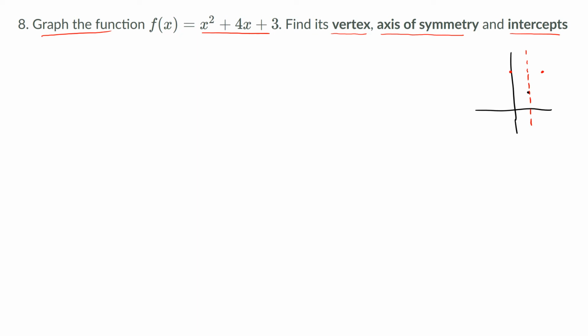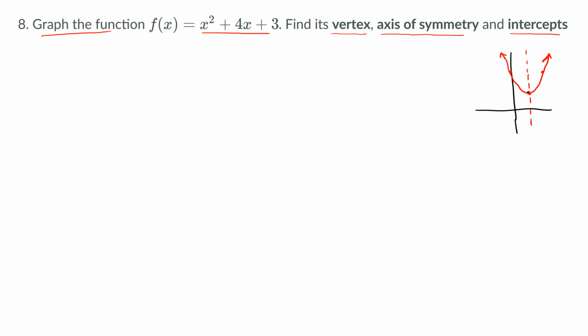Now since you know those 3 points, we can draw the graph that passes through these 3 points. So if you know the vertex, the axis of symmetry and the y-intercept, you can reflect the point, connect those 3 points and get a graph. That's the method we use.